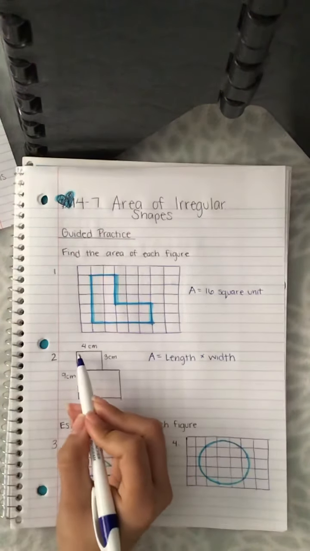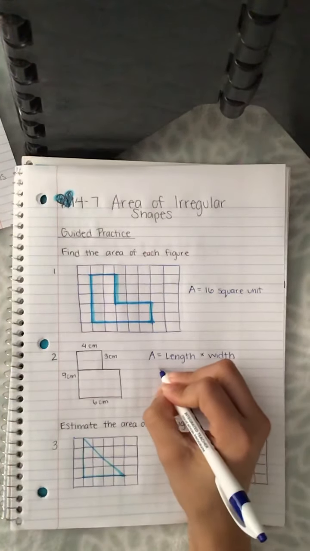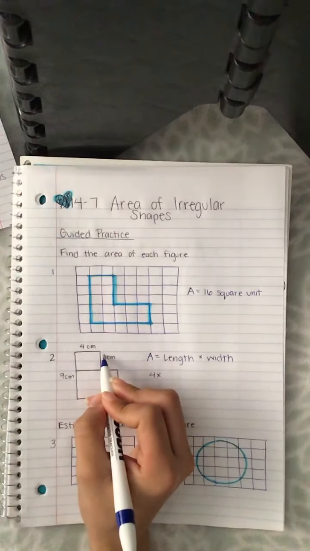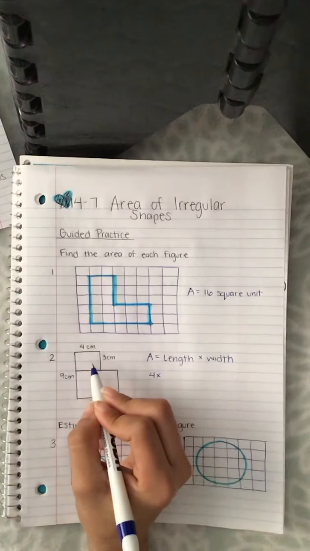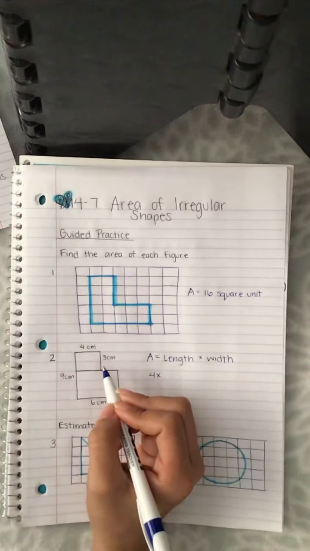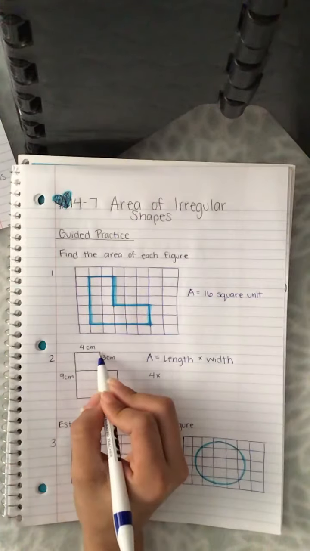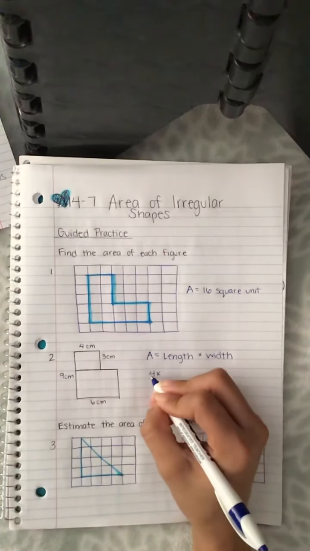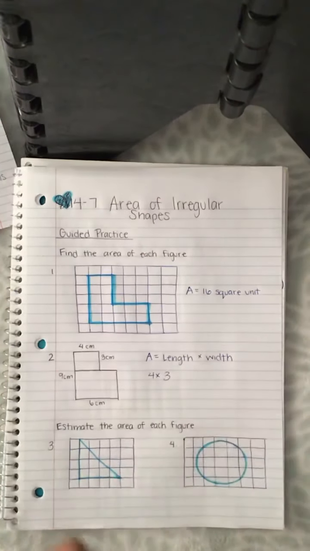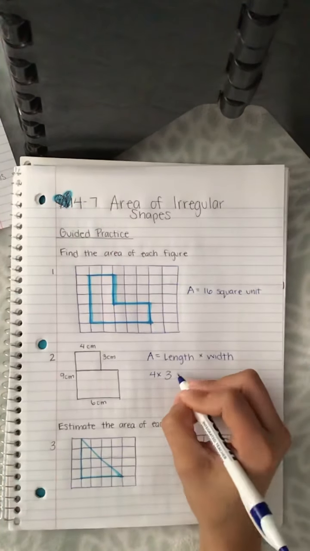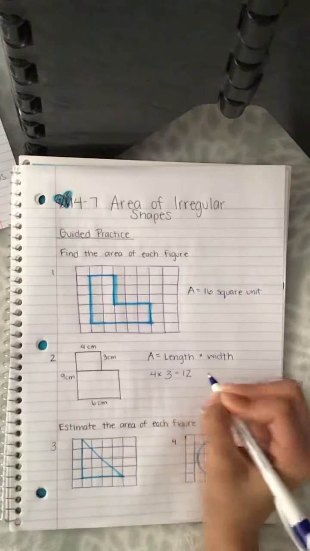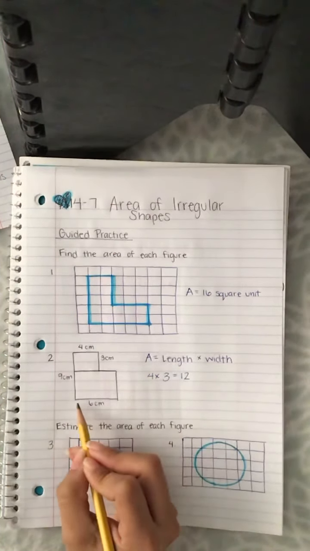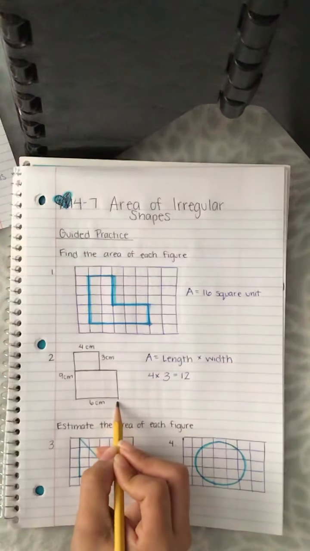So we're going to multiply the length, 4, times the length is 3 and the width is 4. But that's okay. We're going to do 4 times 3. That gives us 12.